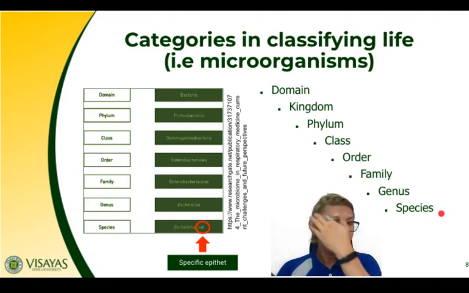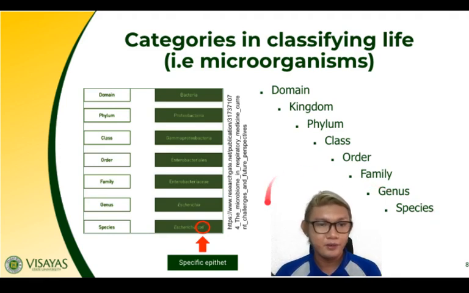Okay? So say for example here, the species is Escherichia coli or E. coli. That species belongs to the genus Escherichia. That genus Escherichia is one of the genera under the family Enterobacteriaceae. Okay?